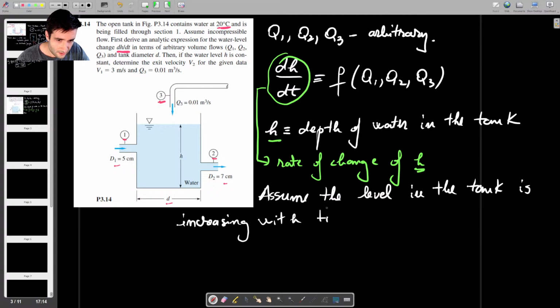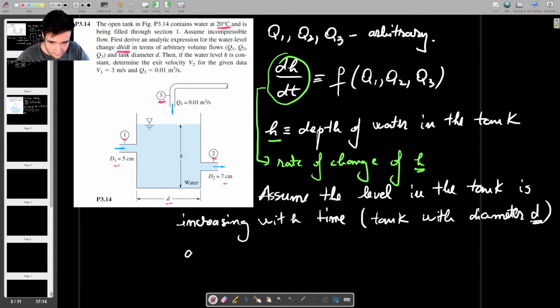When I say that, I'm referring to the fact that the tank itself is acting like an outflow. So the tank with the diameter lowercase d acts as an outflow.